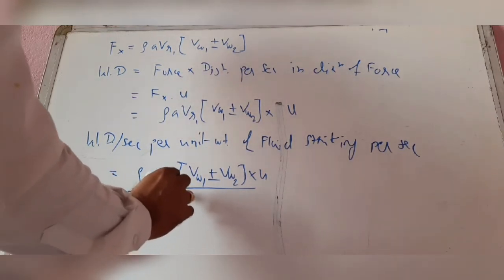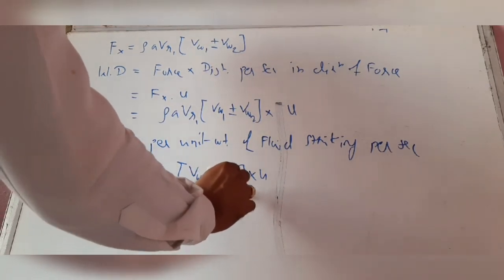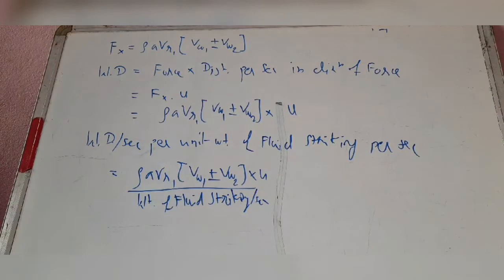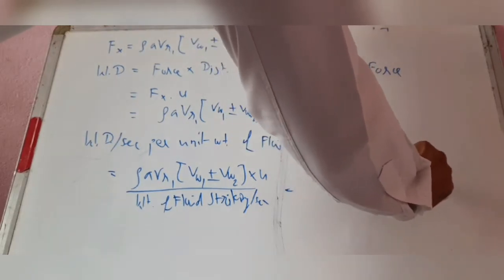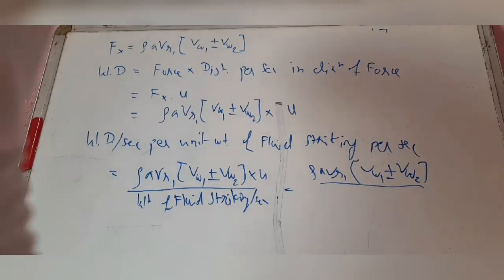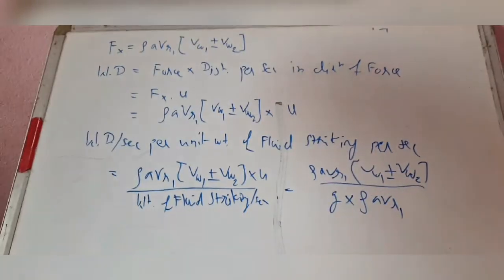Weight of fluid striking per second. So by putting the values, this is rho A VR1 into VW1 plus minus VW2 into U, that divided by g into rho A VR1.